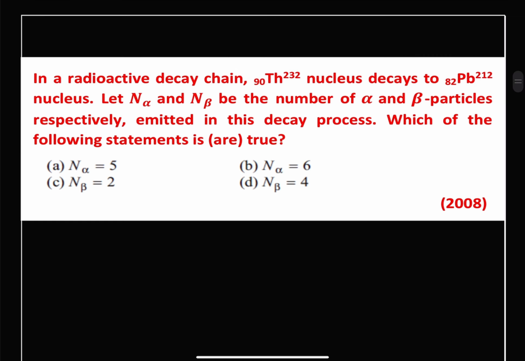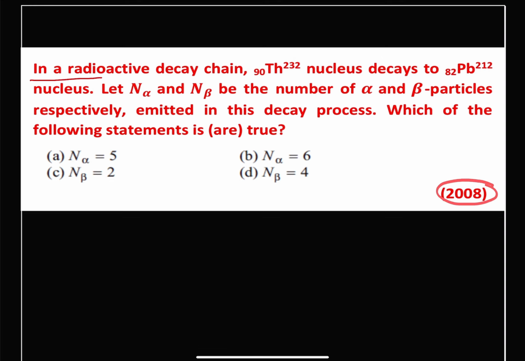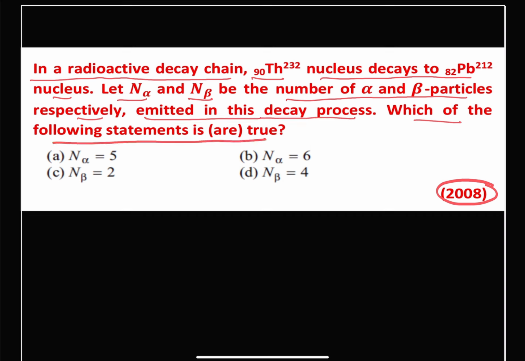It was also asked in 2008, and it states that in a radioactive decay chain, thorium nucleus decays to lead nucleus. Let n alpha, n beta be the number of alpha and beta particles respectively emitted in this decay process. Which of the following statements is or are correct?